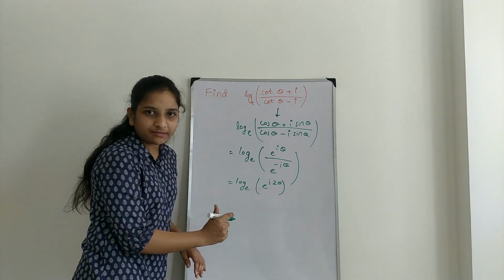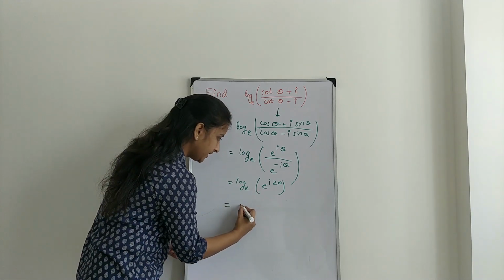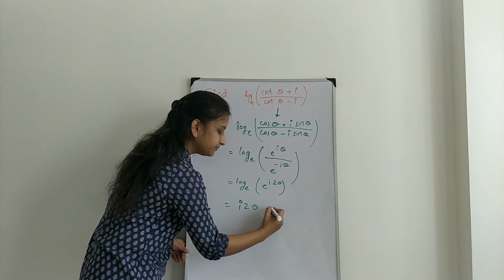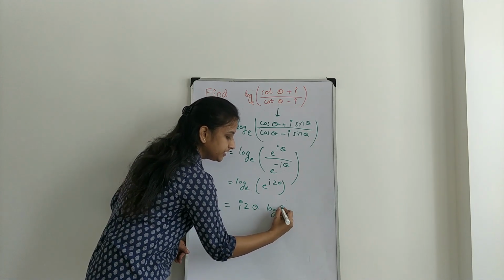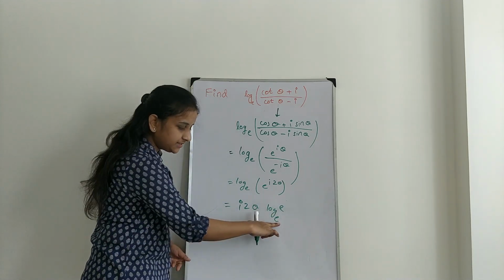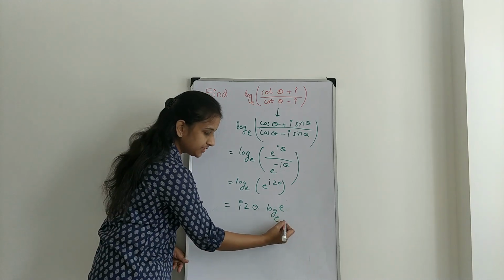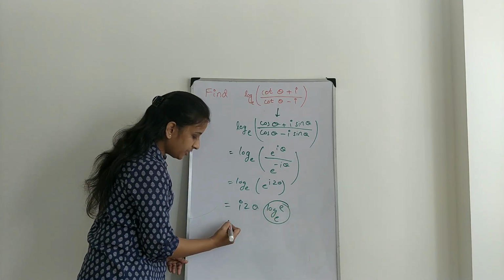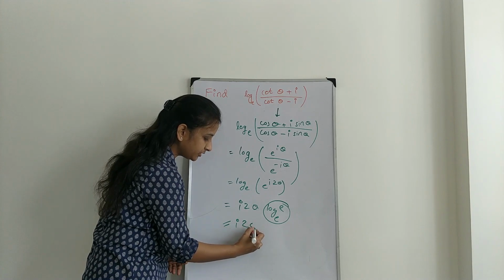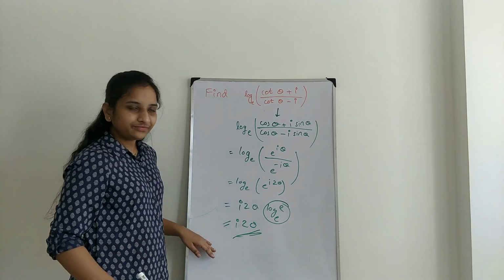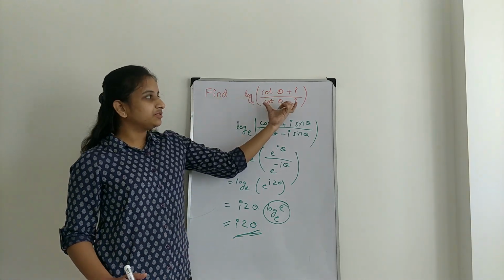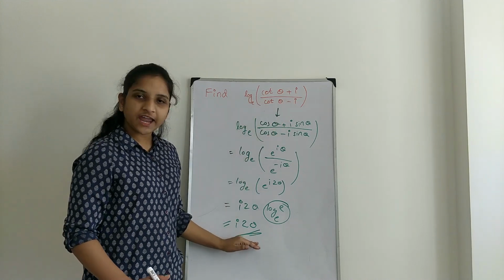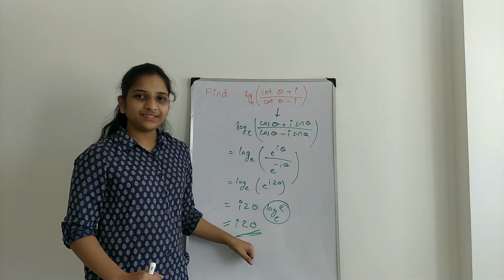Logarithm of this e power, so I am writing i 2 theta into log e to the base e. This term is easy, 1. So your answer is i 2 theta. Okay. The logarithm of this whole function is just i 2 theta. Easy.